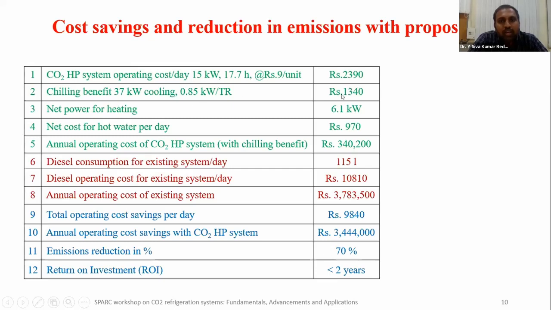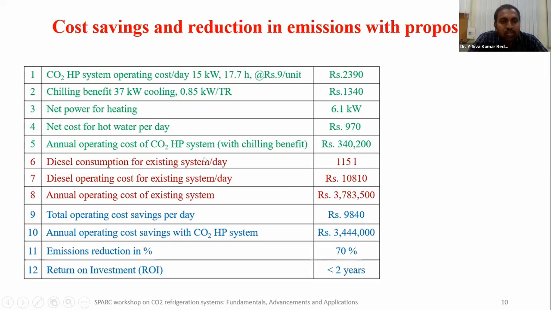So the net power for heating is 6.1 kilowatts. That means 15 kilowatts, and with the chilling benefit we are saving 9 kilowatts of chilling, so net power is around 6 kilowatts. The net cost for hot water per day becomes 970 rupees, and annually nearly 3,40,000 is the operating cost of this CO2 heat pump system.